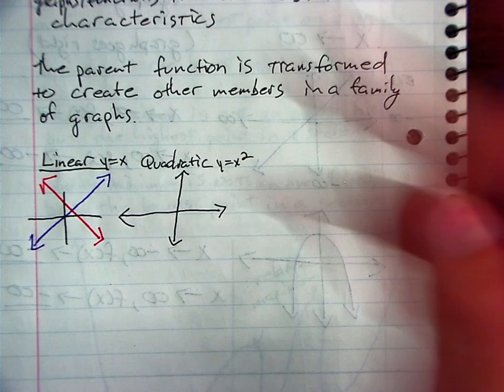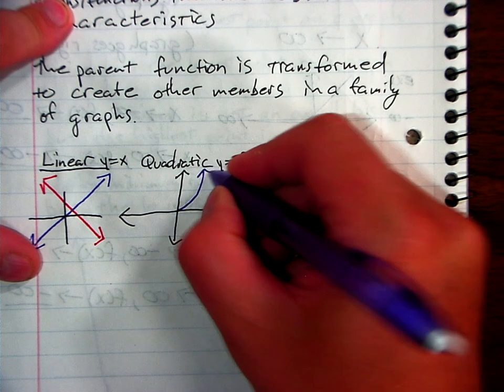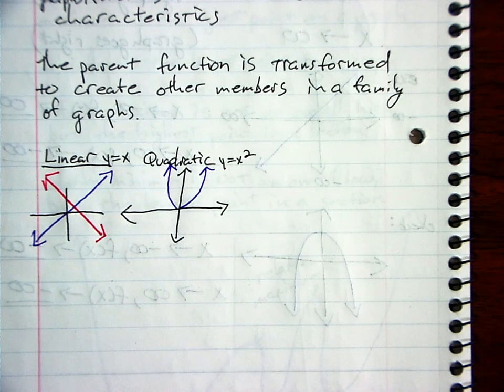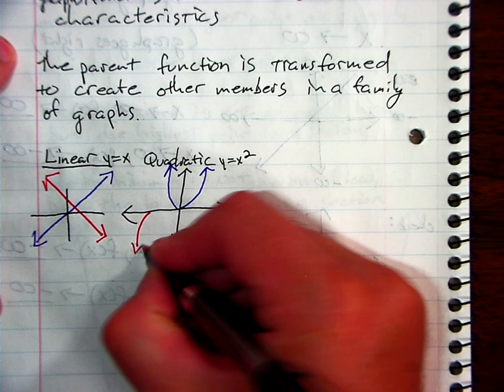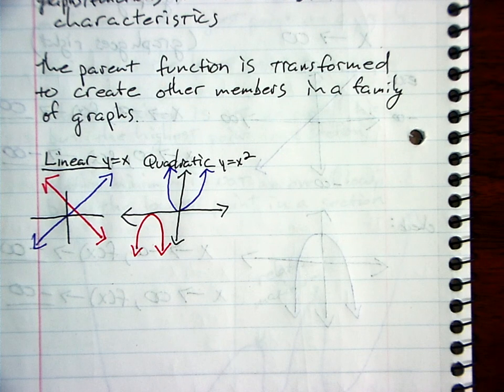And the most basic form of that looks like this. It starts at 0, 0, and it opens up. So that is your parent function of a quadratic, y equals x squared. But I can also have a quadratic that looks like this. It's in the family function of quadratic. It's just not the parent function.